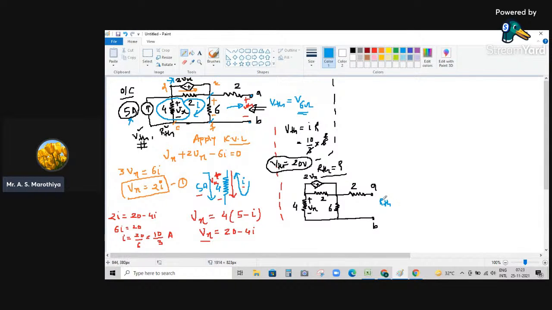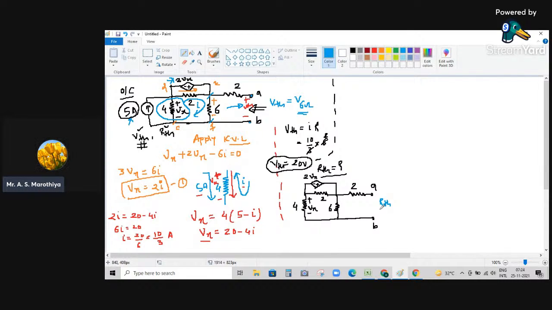So how to find this value of RTH? This is an important portion of this particular numerical. If you have only independent kinds of sources, it is very simple to find the value of RTH. We need to apply the deactivation rule. When we are dealing with a voltage source, simply we short circuit it. When we are dealing with a current source, simply we open circuit it.